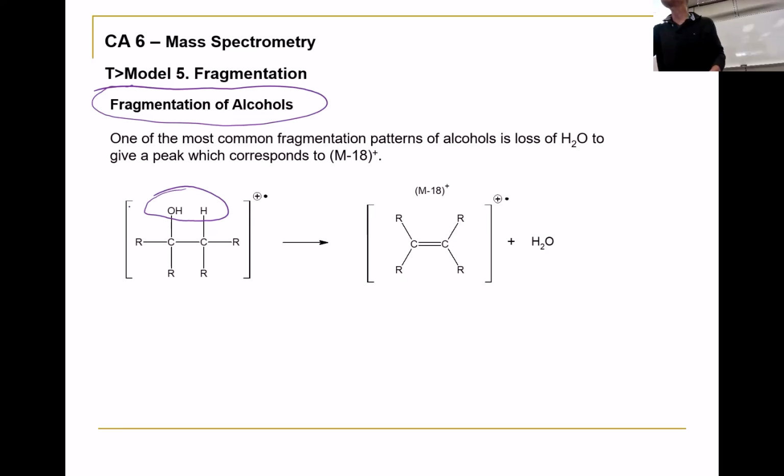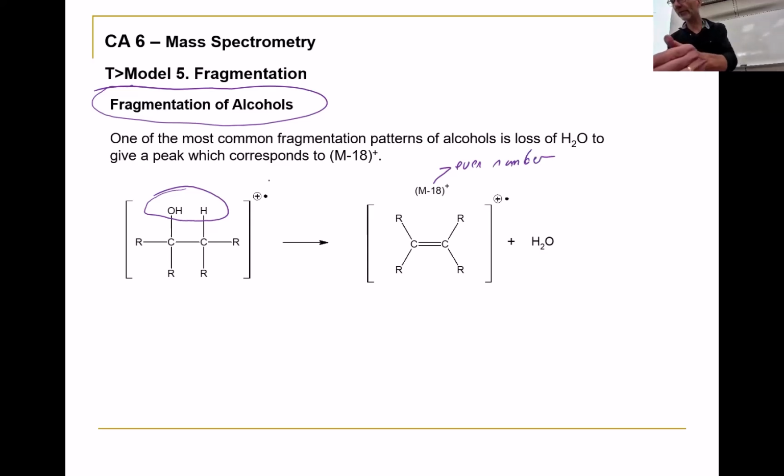So if you see the loss of an even mass, you can deduce that it's not the typical radical cation to a cation and a radical. It's something else that's going on. So do take note that this is an even number. So that already makes it different.